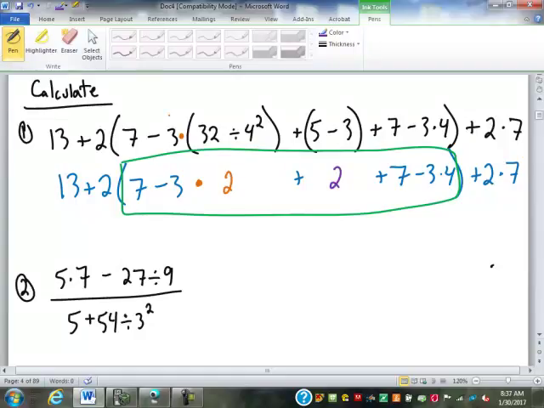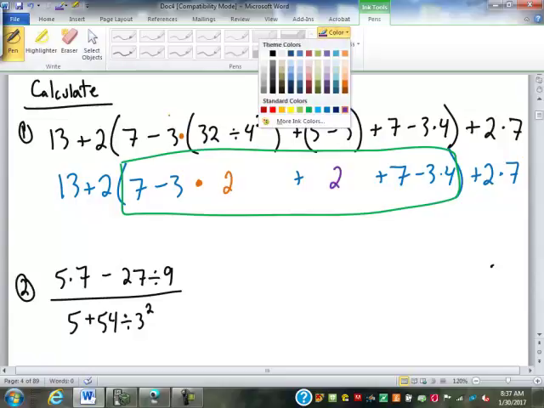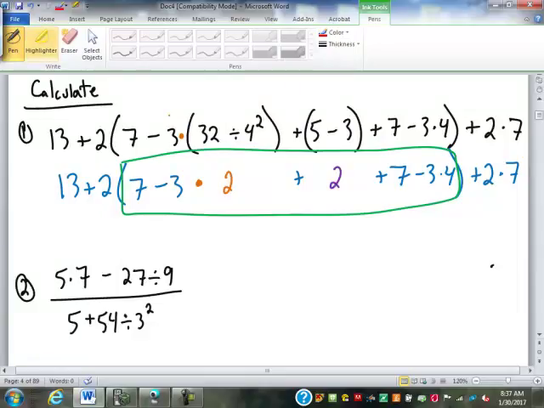Any exponents? No. Multiplication, division? Yes, there's a few of them. So we're going to go left to right. We first have 3 times 2, which is 6. Next we have 3 times 4, which is 12. So that's all of our multiplication and division.